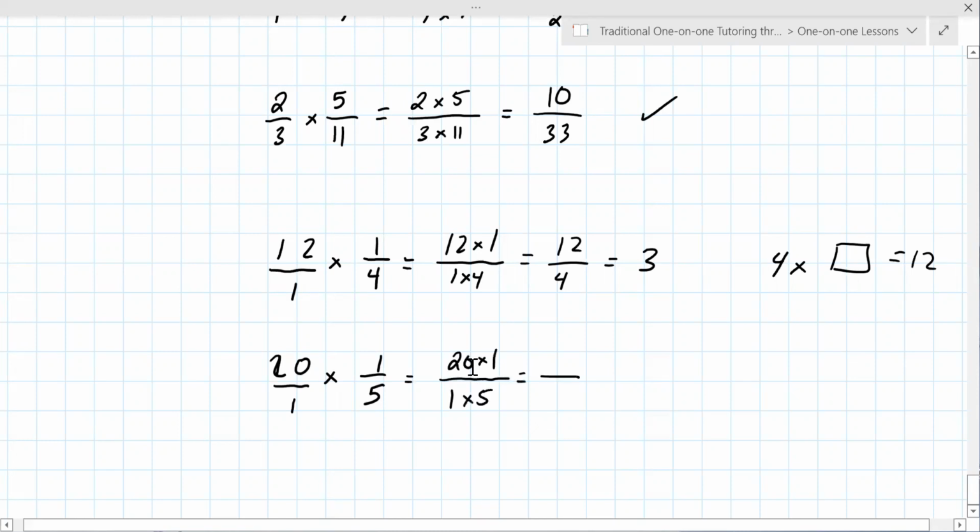So you can always write a number as being over 1. Okay. So 20 times 1 is 20, and 1 times 5 is 5. Good. So 20 divided by 5 means 5 times some number equals 20. Okay.